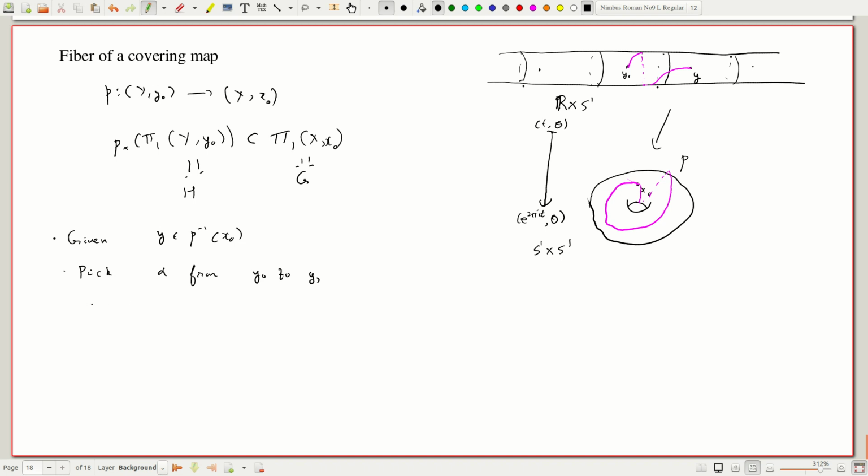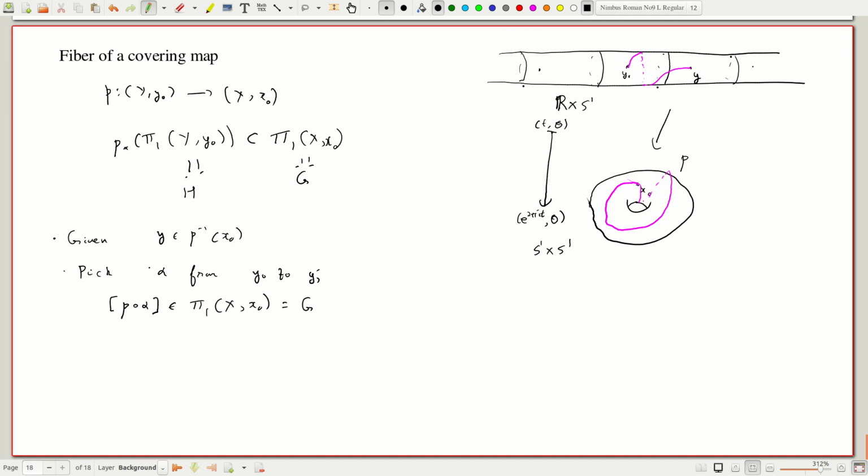Then we are going to get p composed with alpha. Alpha itself is not a loop, so it's not an element in any fundamental group. But p composed with alpha is a loop, so this belongs to pi 1 of x0. Note alpha is not a loop, so this may not belong to H. This belongs to G. Indeed, it usually doesn't belong to H.